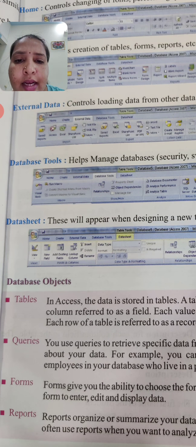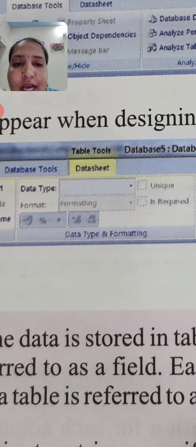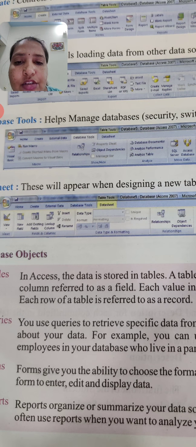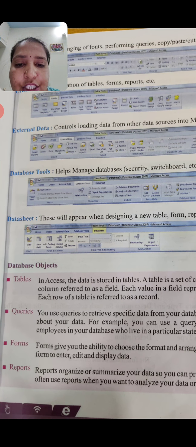Next will be the data sheet. Once we click on the data sheet, the data type option will open. In the data type you can write which data type we are using. This is all about the data sheet.